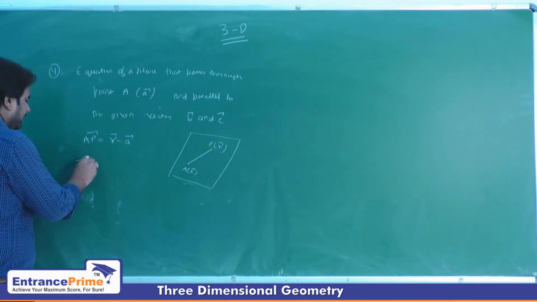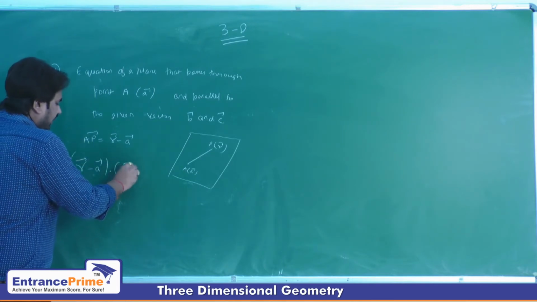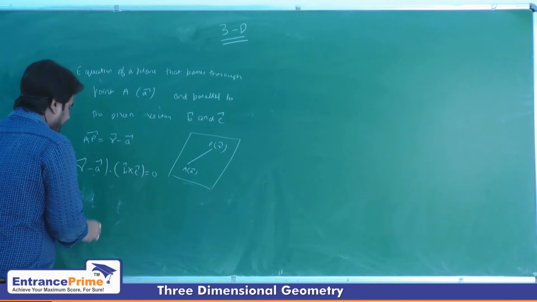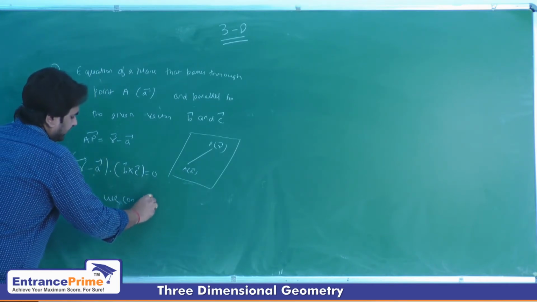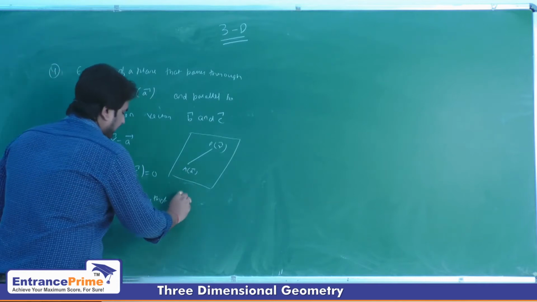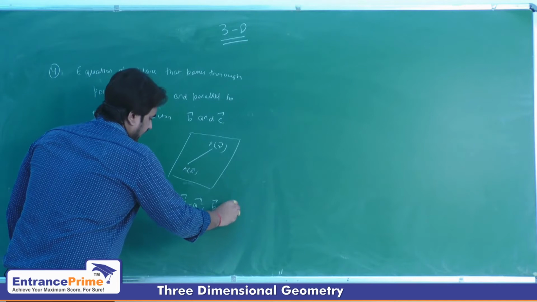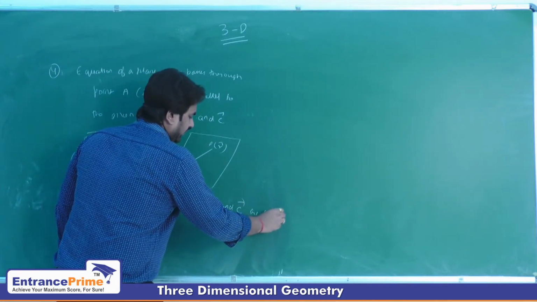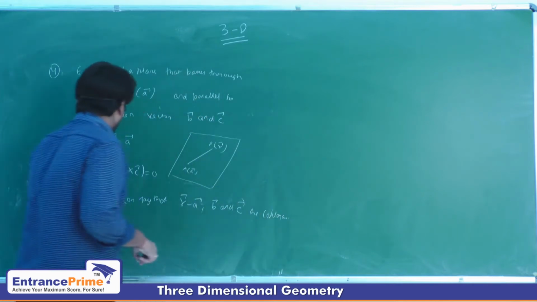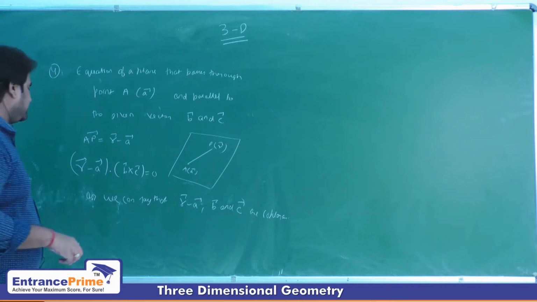So we can write it like this: R minus A vector dot B cross C, that will be equal to 0, or we can say that vector R minus A vector, B vector and C vector are coplanar. ठीक है? So here we have written vector R minus vector A dot B cross C equal to 0.